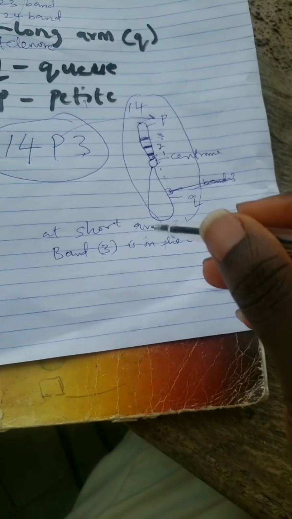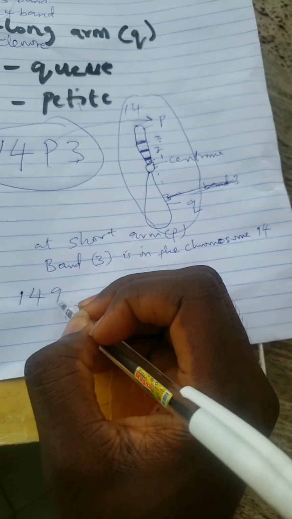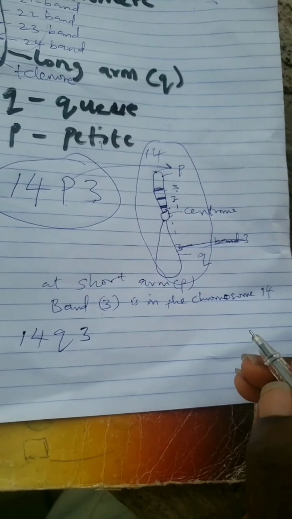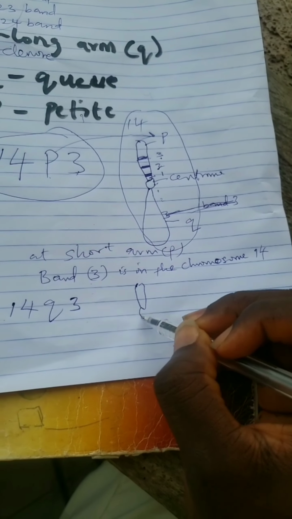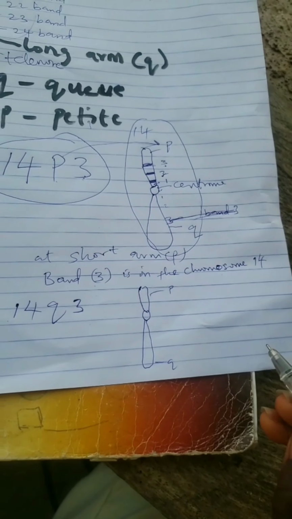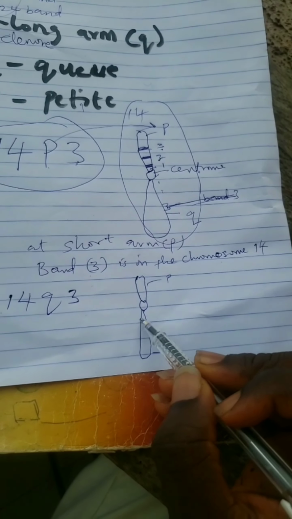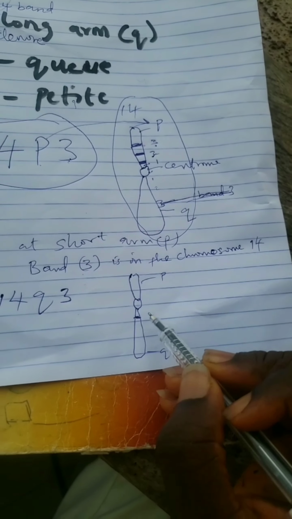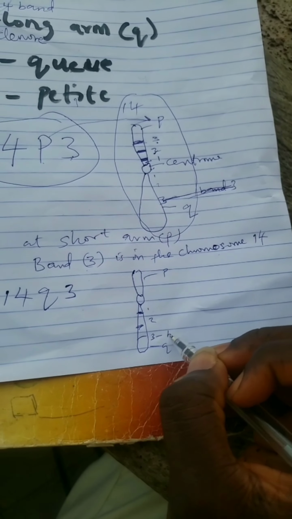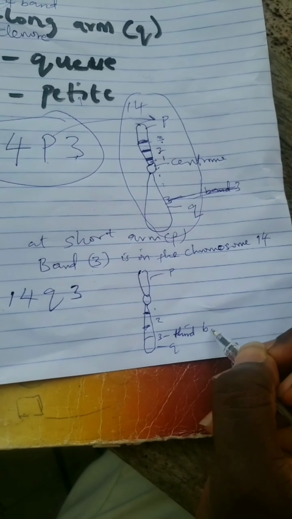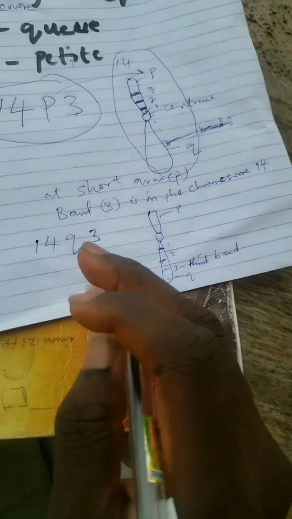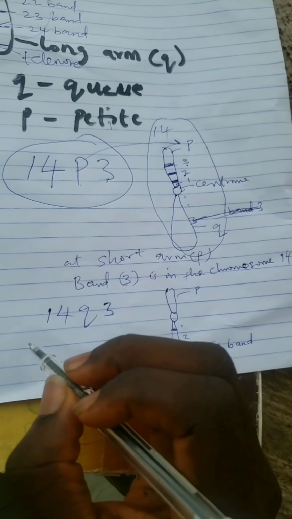Then let's reverse it and take it to when it comes to Q. Let's also name it. These are the Q arm, these are the P arm. Here we have 1, 2, 3. So this is the third band.